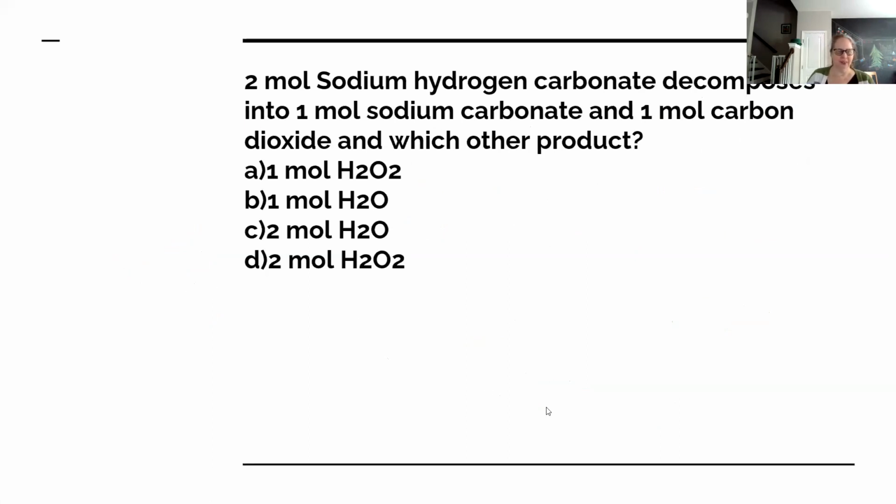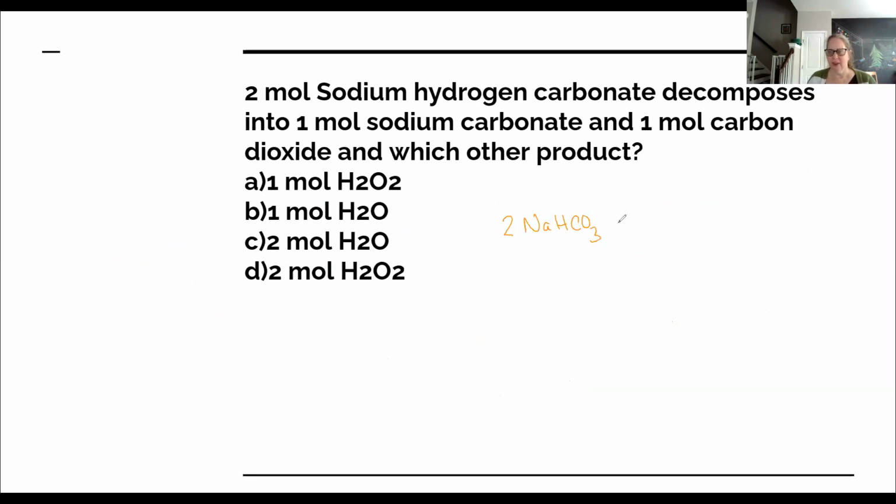All right, so I have 2 moles of sodium hydrogen carbonate. Okay, so 2 moles of sodium hydrogen carbonate decompose into 1 mole of sodium carbonate. Oh, carbonate's a -2 charge, sodium's a +1, so I got a crisscross there. And 1 mole of carbon dioxide. And what other product?